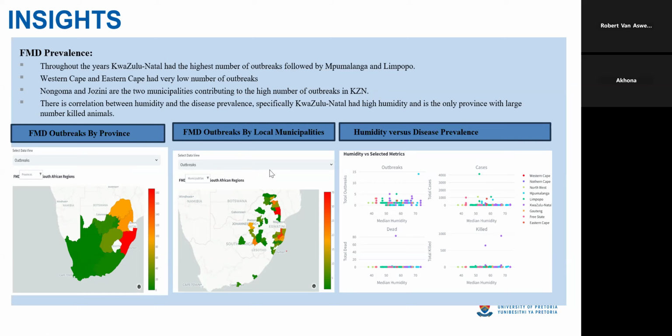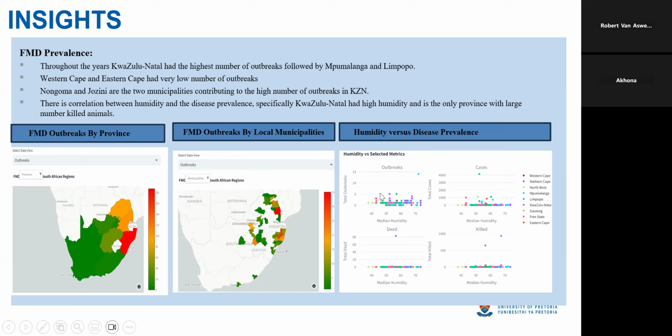The middle graph illustrates the two municipalities that contributed the highest to the outbreaks in KwaZulu-Natal, which are Nongoma and Jozini. And lastly, it was revealed that there's a high correlation between humidity and disease prevalence, specifically in KwaZulu-Natal, which has such high humidity, as we can see from the logistic regression results.